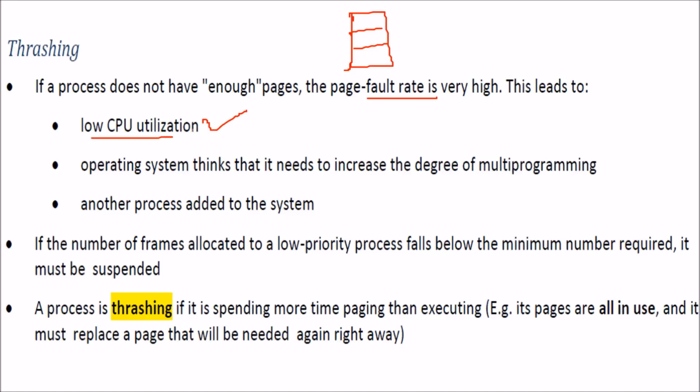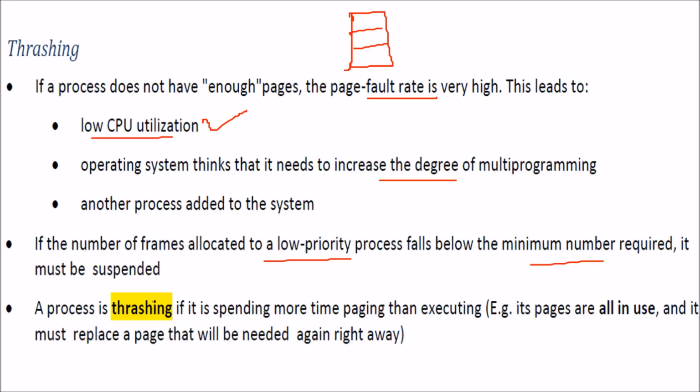There will be low CPU utilization. The operating system thinks, okay, the degree of multi-programming is getting higher, but the CPU utilization is low. If the number of frames allocated to a low priority process falls below the minimum number required, it may be suspended.